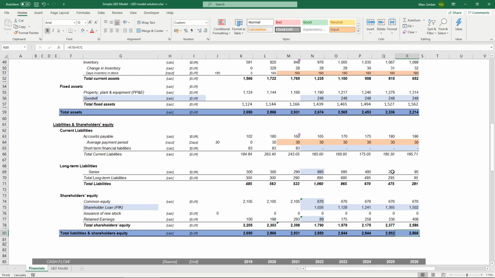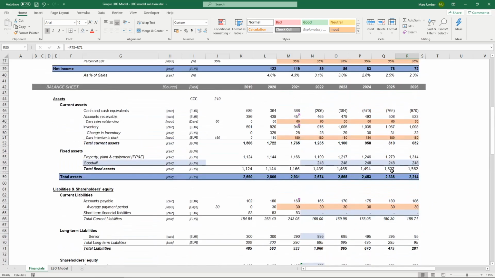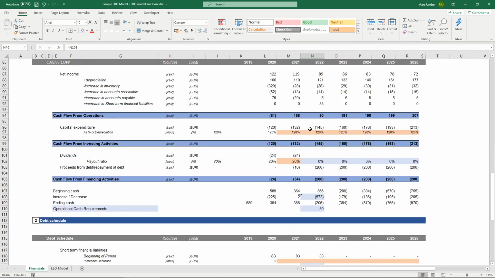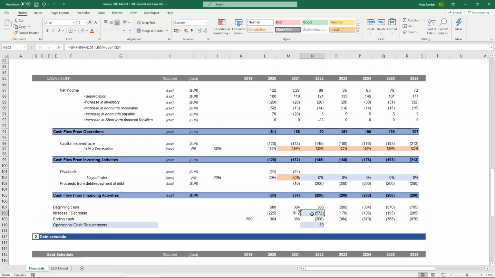Okay, very good. Now, the next step is to make adjustments on the asset side. The cash and cash equivalents need to be corrected, and they are the output of the cash flow statement. We need to come back to this, and the source for these numbers is in the cash flow statement. Let's go into the cash flow statement.